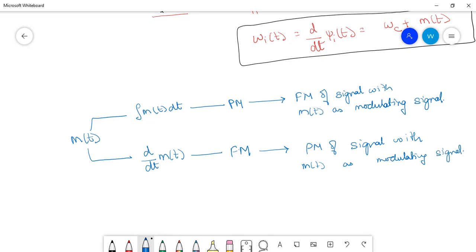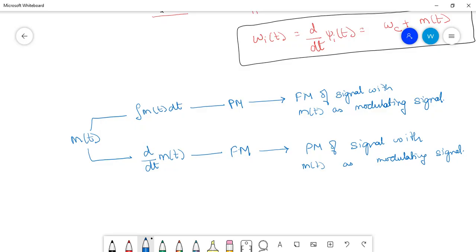Alright, so this is the relationship between your FM and PM. Basically, if a signal is being angle modulated, you are actually seeing PM and FM both. If I say that a signal is being frequency modulated, I can also say that a different version of the modulating signal is doing the phase modulation as well.